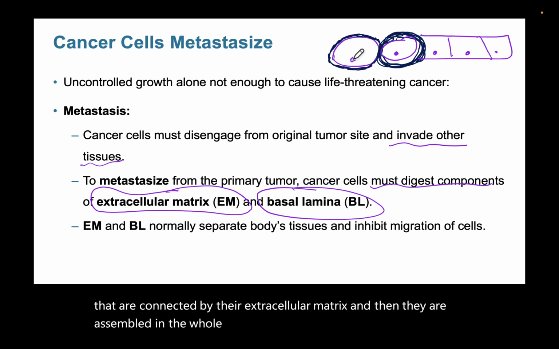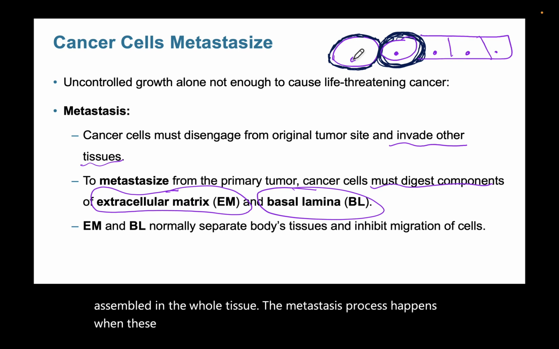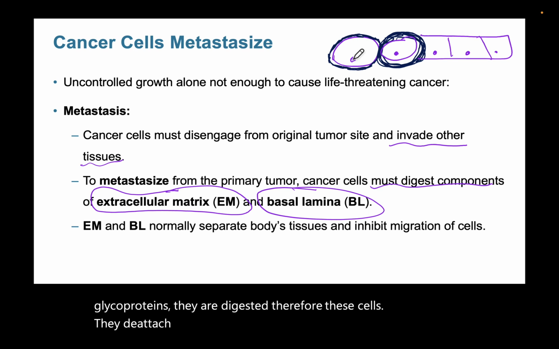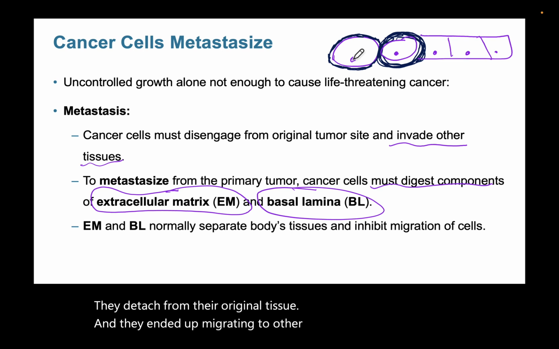The metastasis process happens when these components of the extracellular matrix, which are mainly glycoproteins, are digested. Therefore, these cells detach from their original tissue and end up migrating to other regions. Okay?